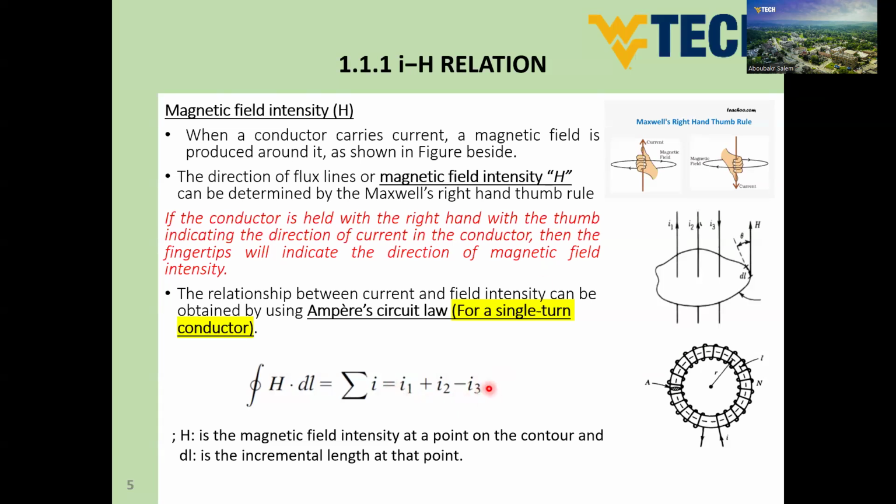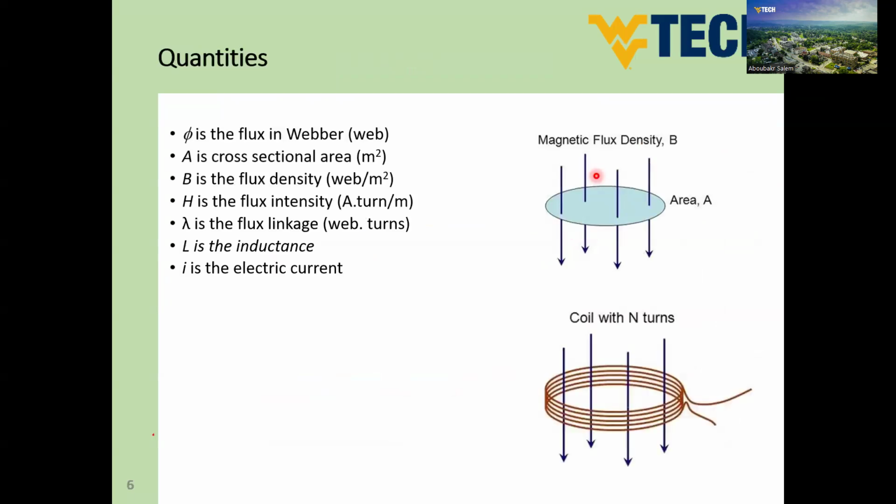This is according to the Maxwell right-hand rule, because as you know, with the current direction along the thumb, the other fingers refer to the direction of the flux. So this is called Ampere's law in the case of many currents with one turn. But in the case of many turns, we would use the relation that we just mentioned here. Instead of just a single I, we have n times I, because we have many turns in this coil.